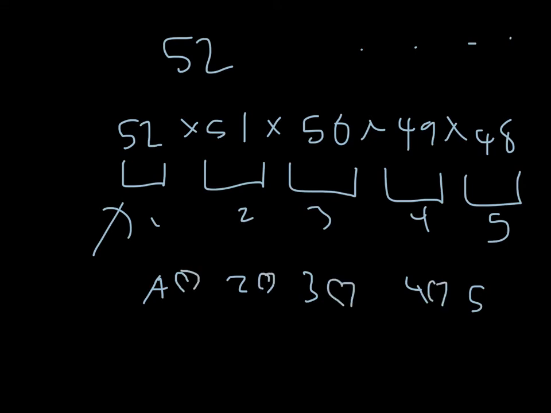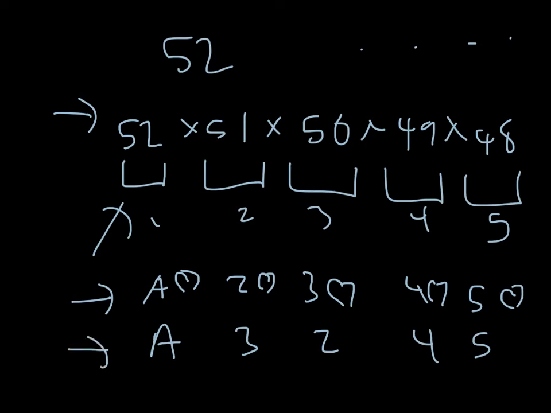If I had pulled these 5 cards, I'm assuming that order matters when I do it this way, which means that ace, 2, 3, 4, 5 is different than ace, 3, 2, 4, 5. This would be counted as a separate way of doing it. This would be a separate answer.